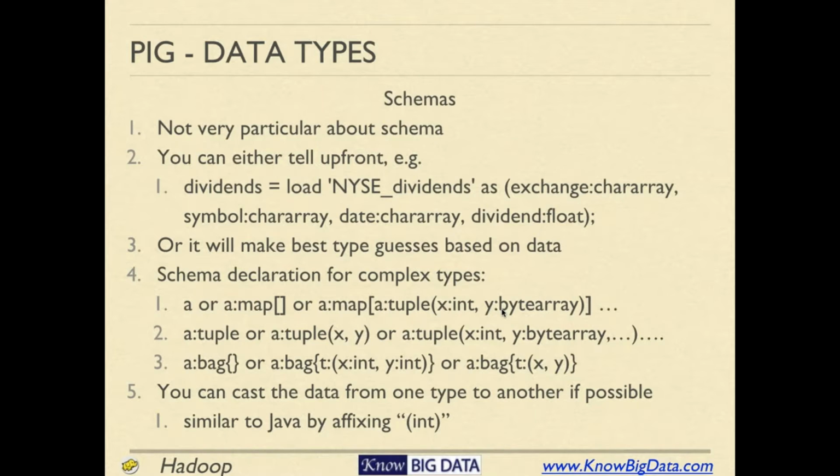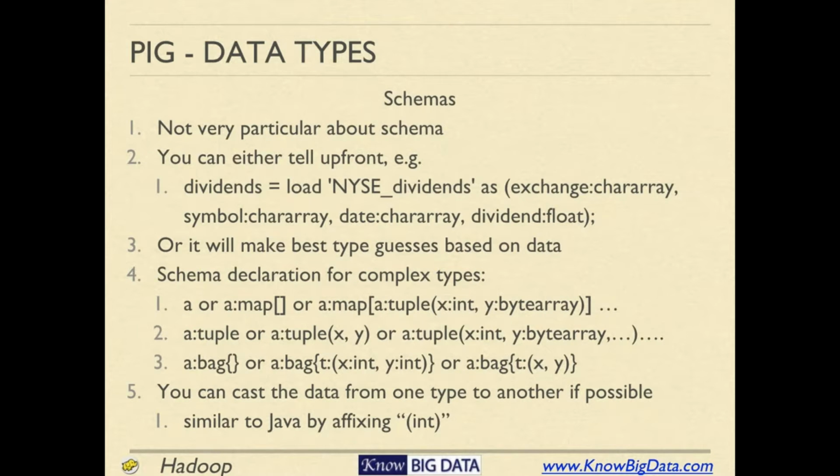By default it will load everything as a byte array, and later on it tries to cast various values into what is needed. Similarly, while loading the tuple, you could say my A column is a tuple, and further you could say this tuple has two columns called X and Y, and you could go one more step further and say X is an integer, Y is a byte array, and so on.